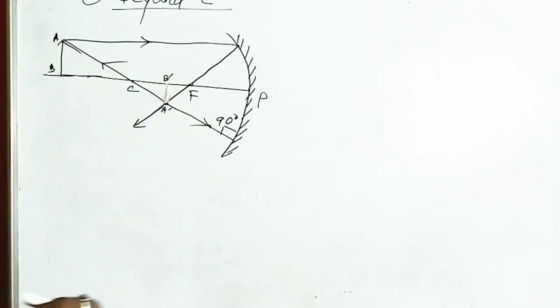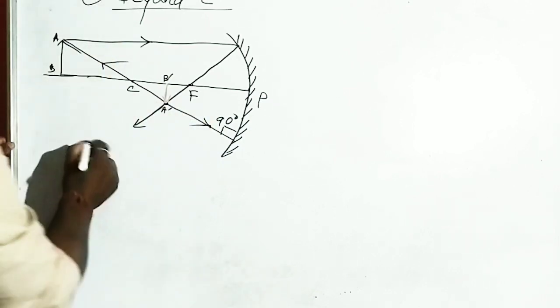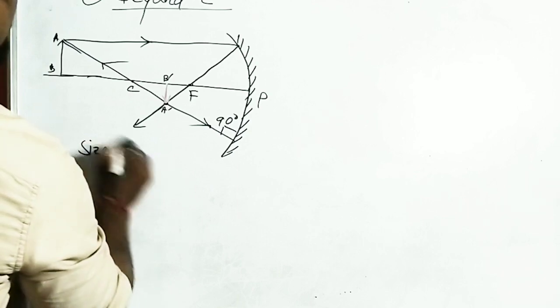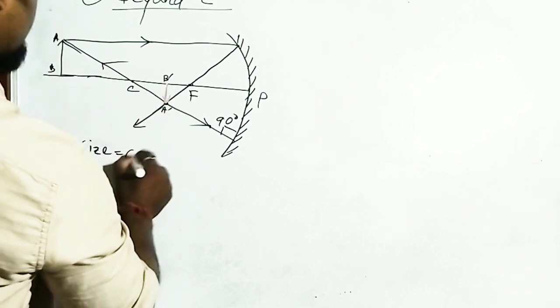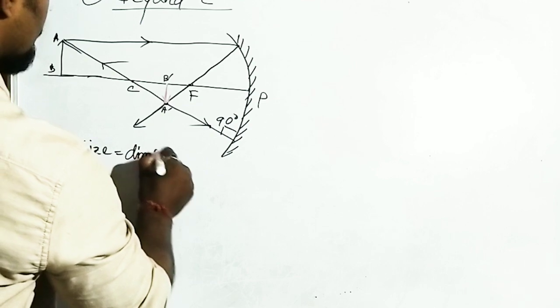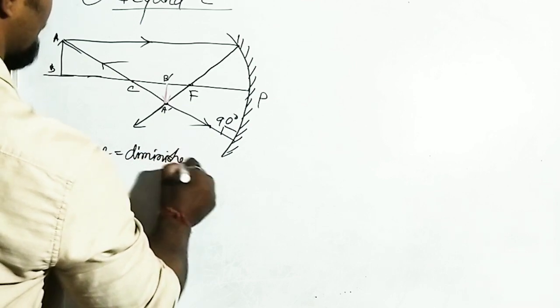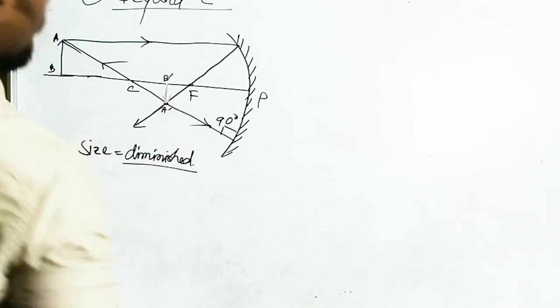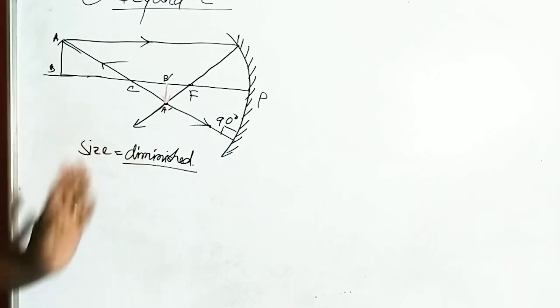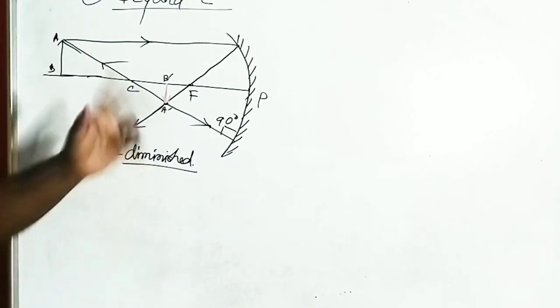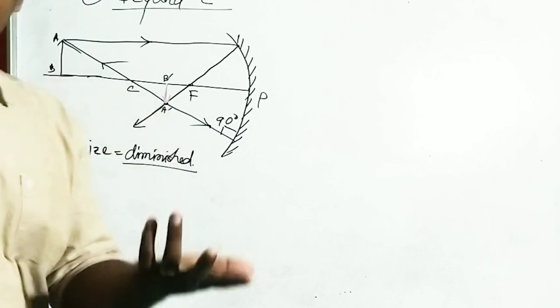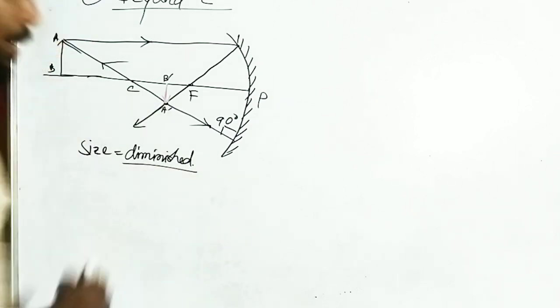Now from this figure, the size of the image will be diminished. This is the physics language; if you want to write in your own language, you can write smaller than the object, but diminished is the proper language.